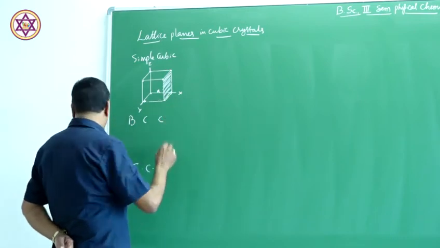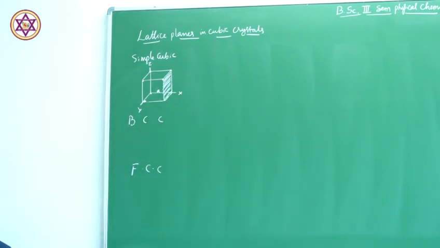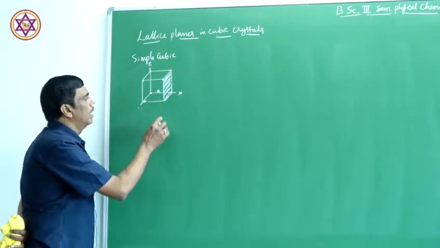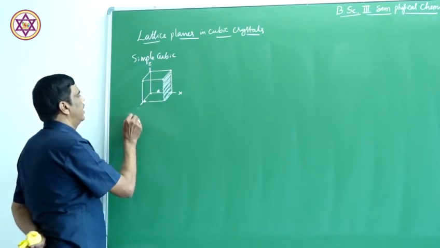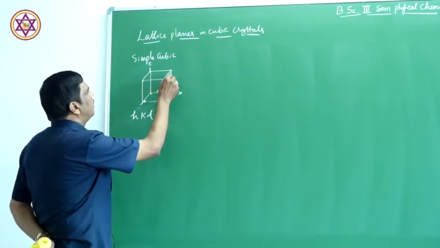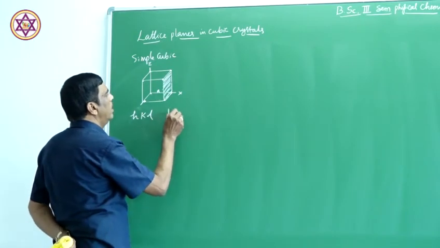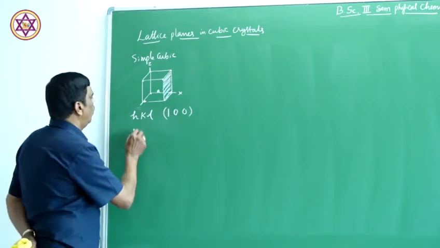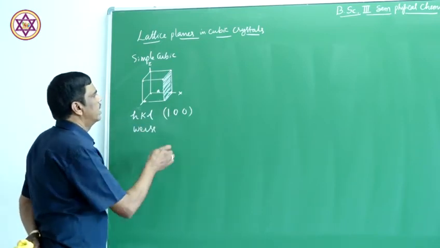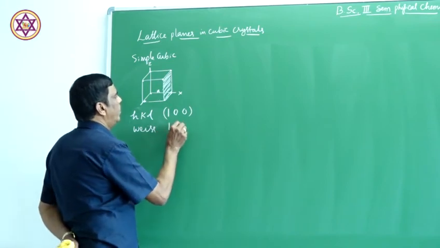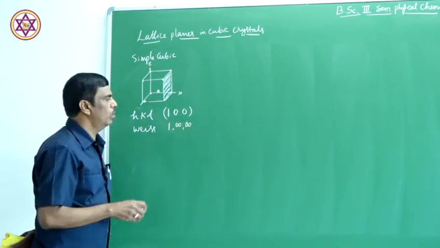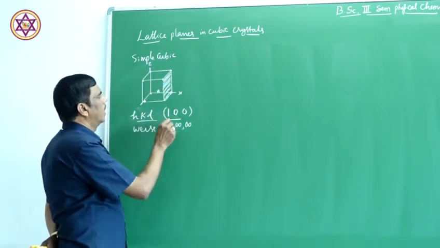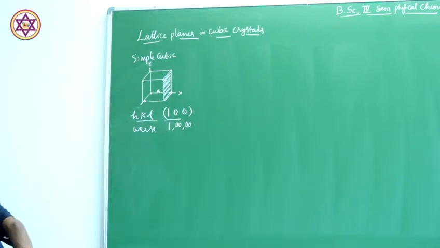The Miller indices HKL for this plane are 1, 0, 0. Weiss indices for this plane are 1, infinity, infinity. So, the 1, 0, 0 plane is represented like this in case of simple cubic lattice.